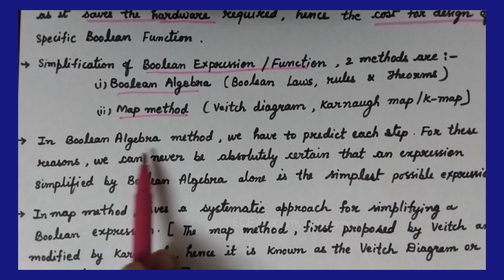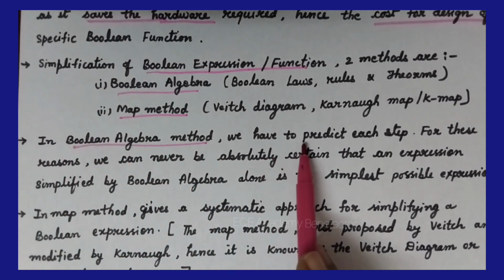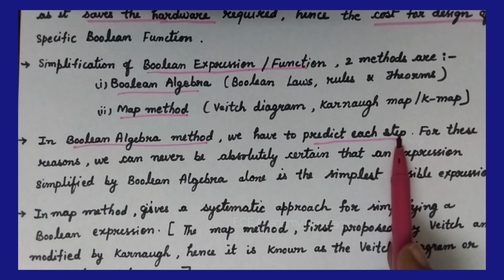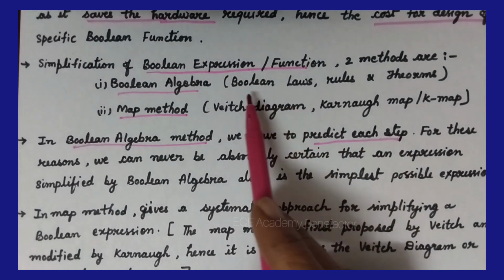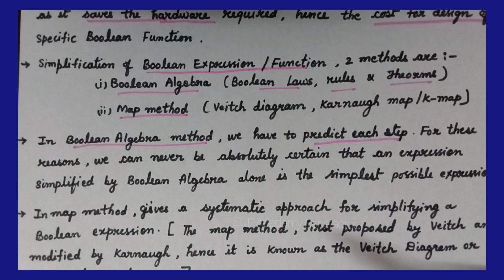In Boolean algebra method, we have to predict each step because it is based on Boolean laws, rules, and theorems. Each one can apply a different law, rule, or theorem according to their availability of remembrance at that particular time, because it can be realized in a number of ways.